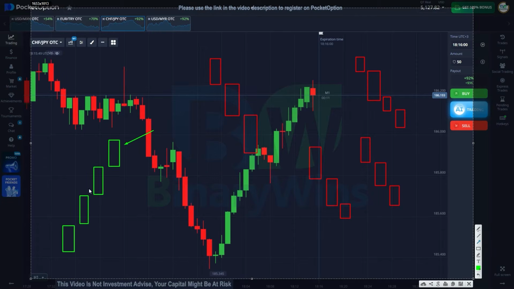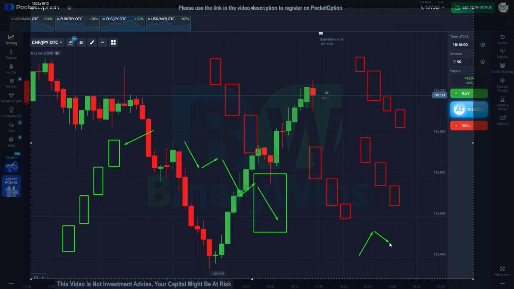So we need a momentum trend. It is preferable that the trade is in the direction of the trend. If the trend is down, our momentum is on a minor downtrend, and if the trend is up, our momentum is on a minor uptrend.